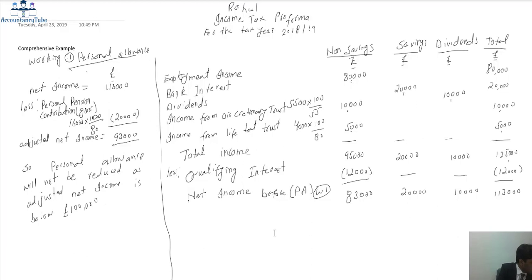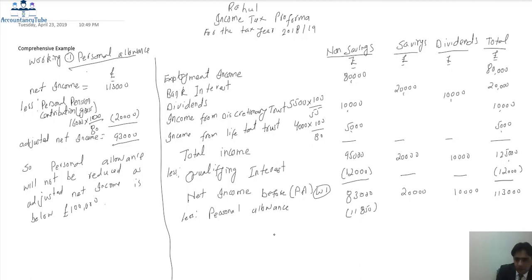So what is the amount of personal allowance? The amount of personal allowance for our current tax year is 11,850. So let's deduct the personal allowance out of this one. Less personal allowance, and it is 11,850.